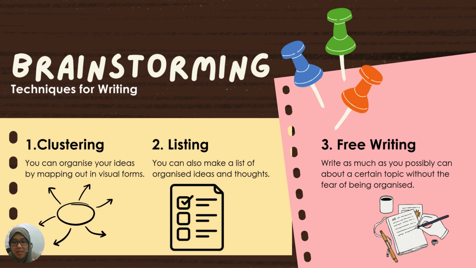Free writing is when you write as much as you possibly can about a certain topic without the fear of being organized. Clustering and listing require organized thoughts. However, free writing is a technique where you just get your ideas out first, and then after that you get yourself organized. So these techniques are very effective depending on what you prefer.